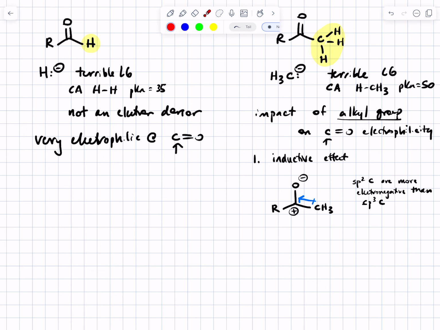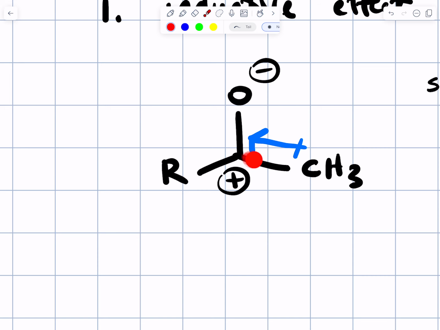So that's one argument: through differences in electronegativity, the alkyl carbon can donate electron density through the sigma bond into the carbonyl carbon. In other words, electrons in this CC bond lean a little bit towards the carbonyl carbon, which decreases the positive charge and makes the carbonyl carbon less electrophilic. That's the simple argument.